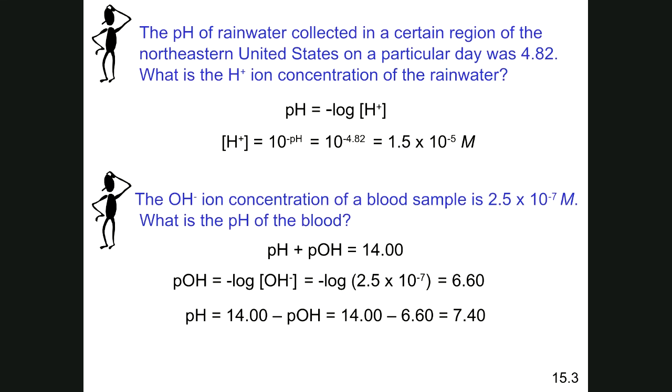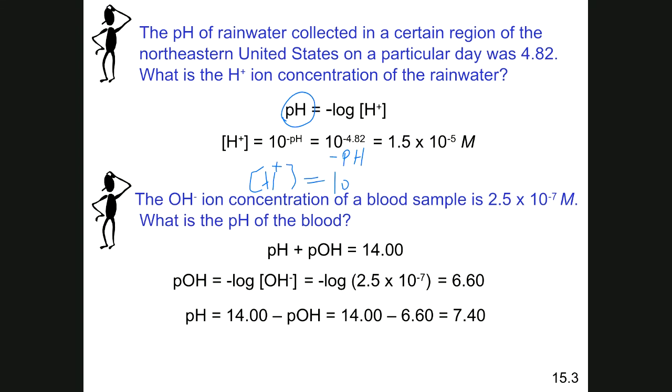If you have the pH, you can calculate the concentration of H plus. So this is the time that you have the pH already. Concentration of H plus is going to be 10 to the power of minus pH.